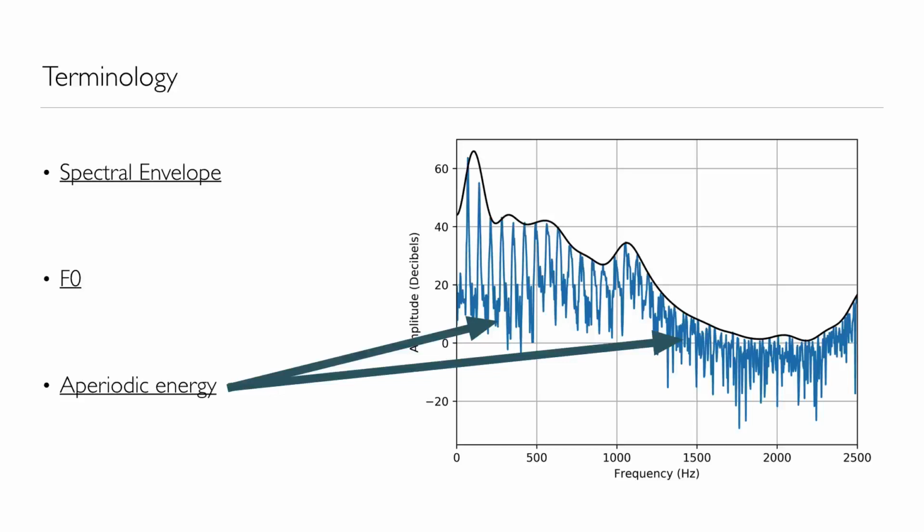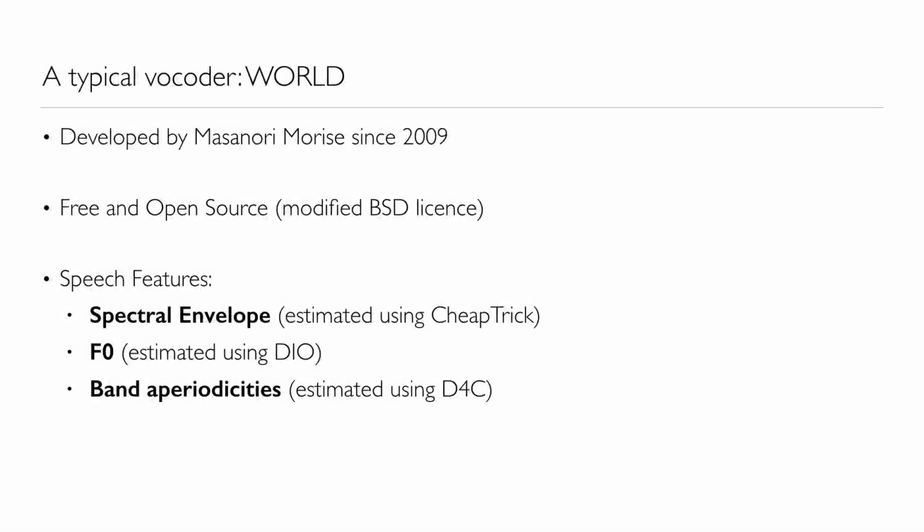So in this example, on the right-hand side, in the high frequencies, you see there is more randomness, more aperiodic energy, and in the low frequencies, you see less aperiodic energy compared to the harmonics, compared to the periodic energy. Okay, so we have these three acoustic features we want to extract from waveforms, and for that task, we are going to explain one of the vocoders, or systems, to do this task, which is the WORLD vocoder.